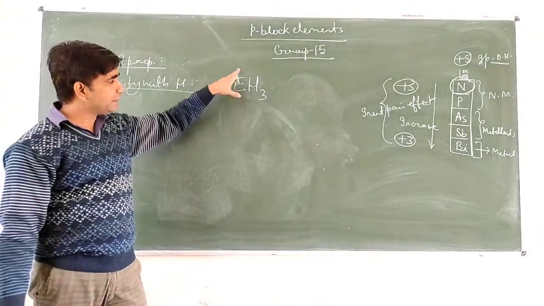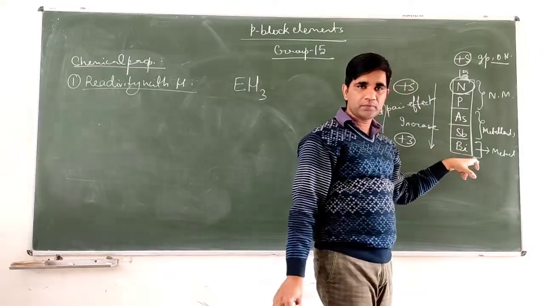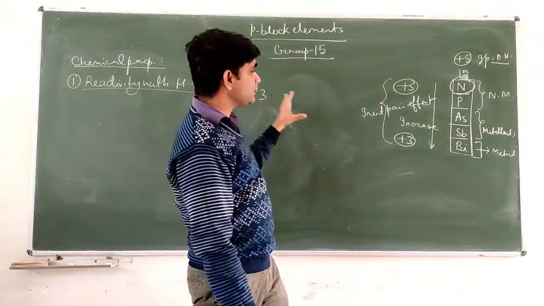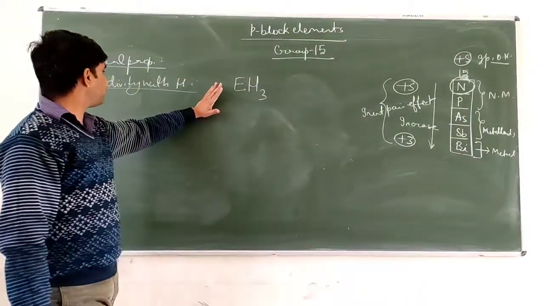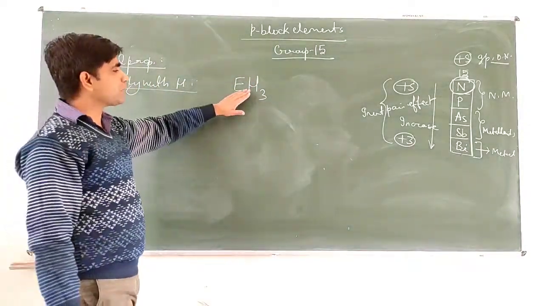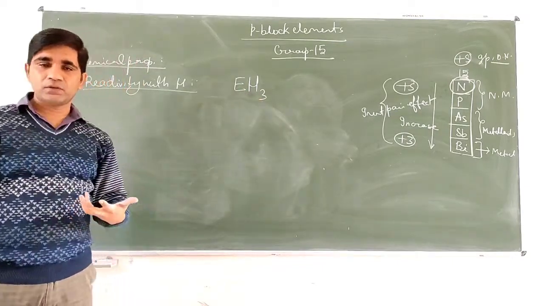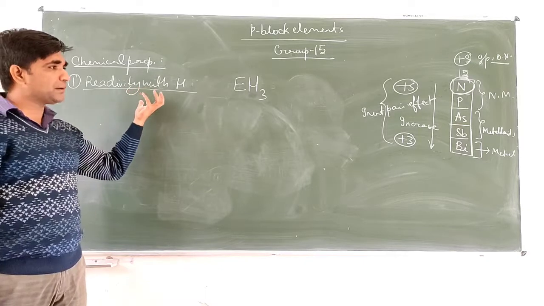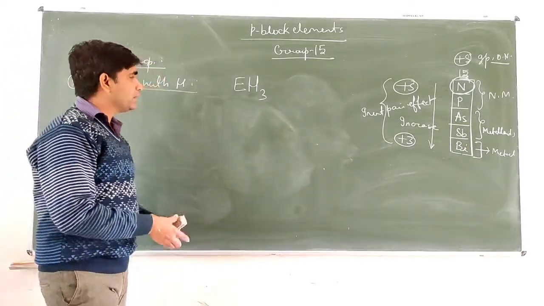The second, E, means any member of group 15. In place of E, you can put the symbol of any element of group 15. This is the general formula of hydrides. This type of compound where one element is hydrogen is called hydride.